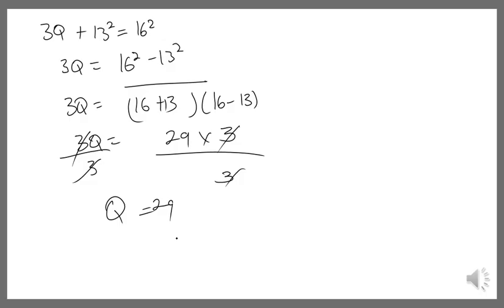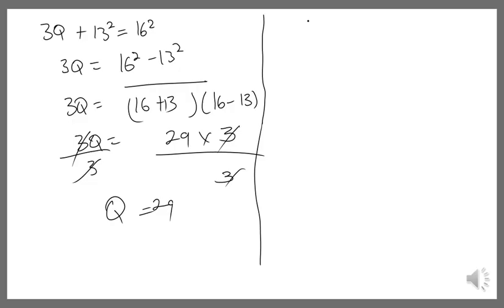Now let's move on to operations. I think we've done enough of everything. Let's move on to operations in algebraic fractions. When we were doing division of algebraic expressions, we talked a lot about algebraic fractions.